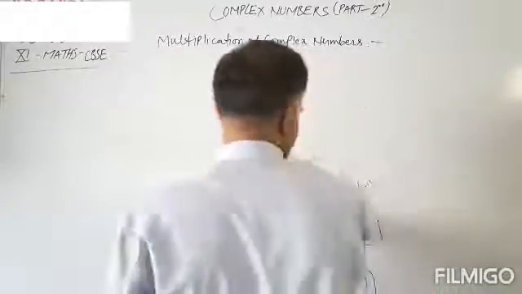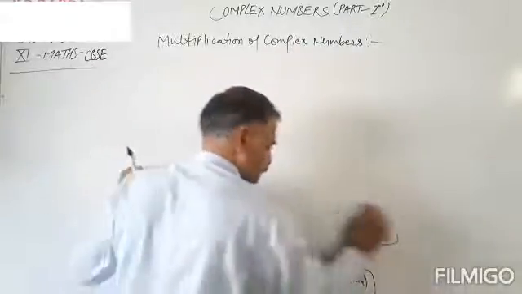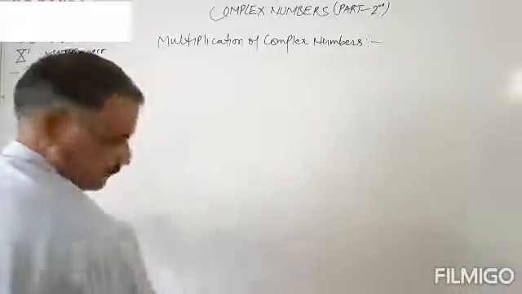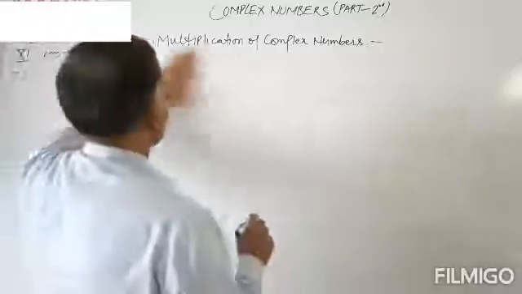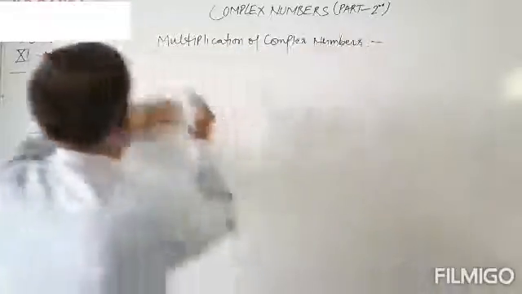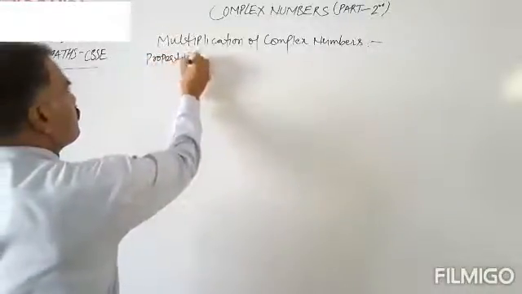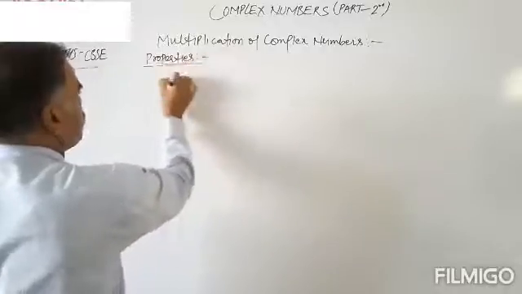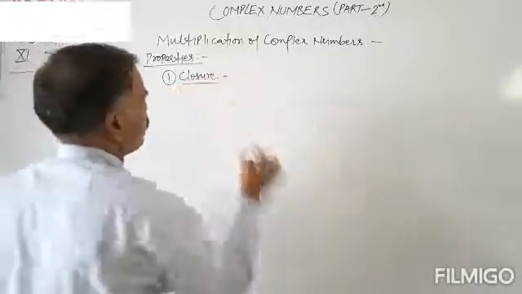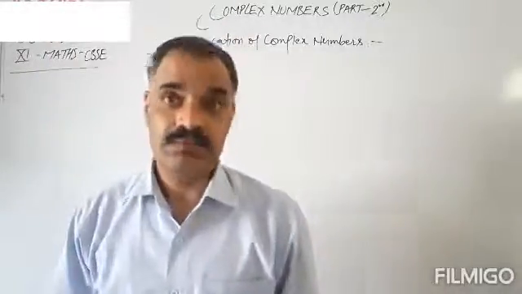Okay, the first property is the closure property. What is the closure property of multiplication of two complex numbers?